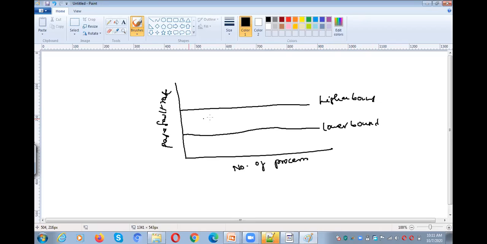If the page fault rate is high, it means the process requires more frames. If we give more frames, automatically the page fault rate will be reduced. This is the graph.